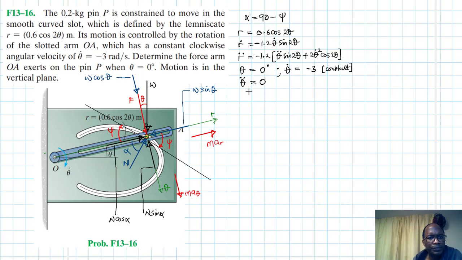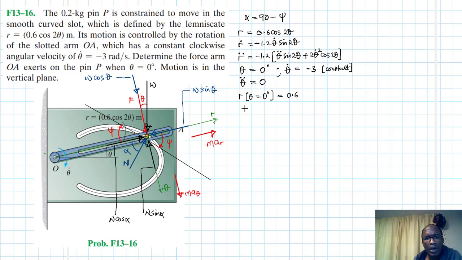Okay, let's find the values. So r at theta equal to 0 degrees, this is just going to be equal to 0.6 cos 0. So this is just 0.6, right?